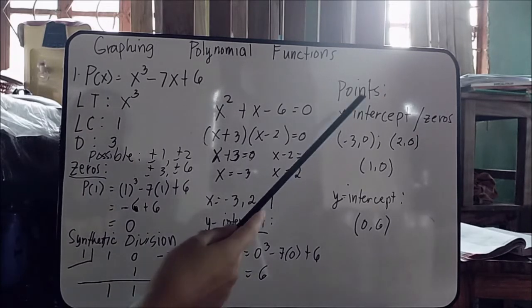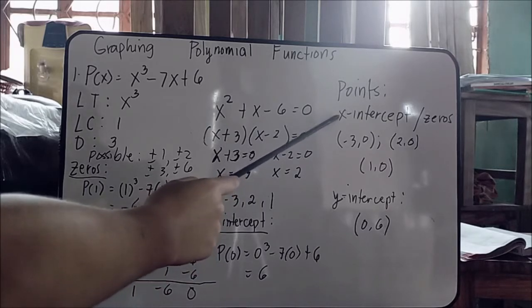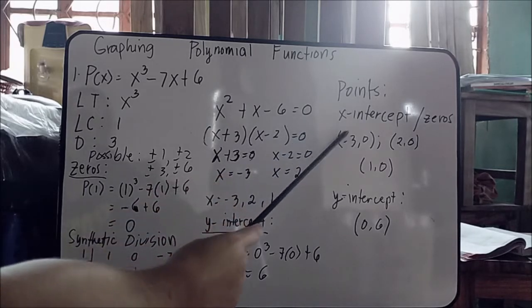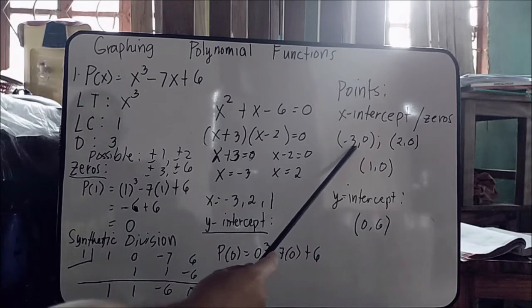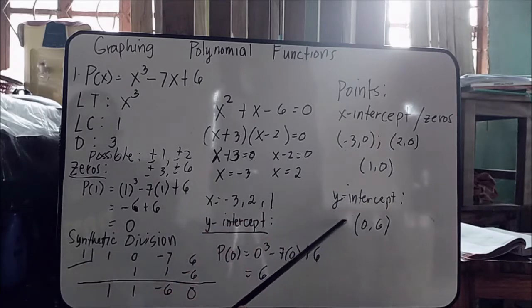So our zeros or roots, and the y-intercept. So when we plot these points, we have negative 3, 0, 2, 0, and 1, 0. So same with the y-intercept, that would be 0, 6. So these are the points that we need in order for us to graph our polynomial functions.